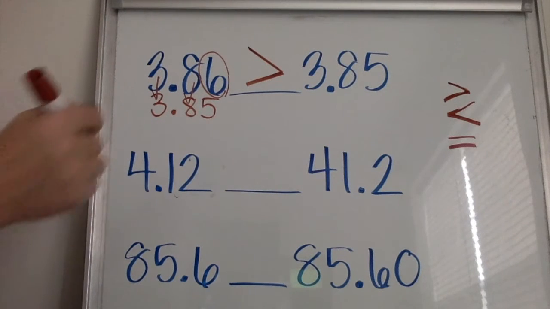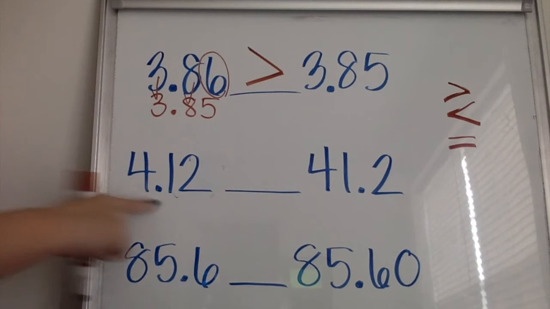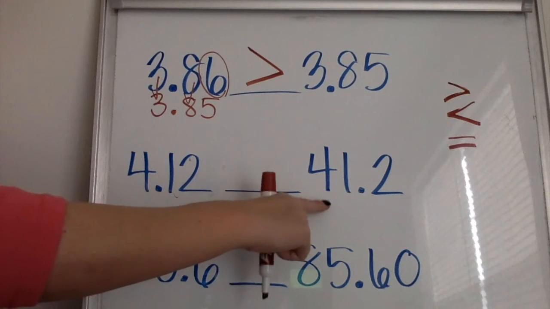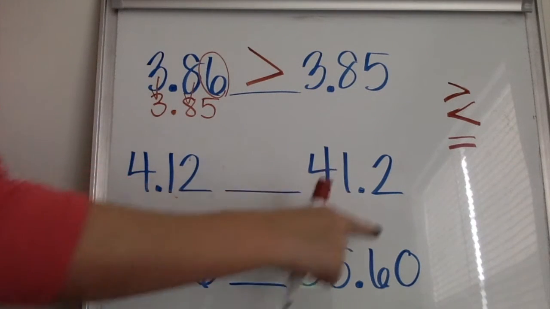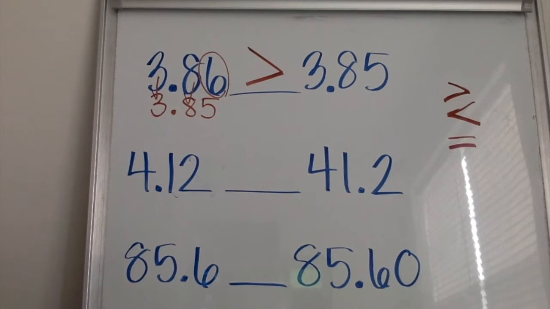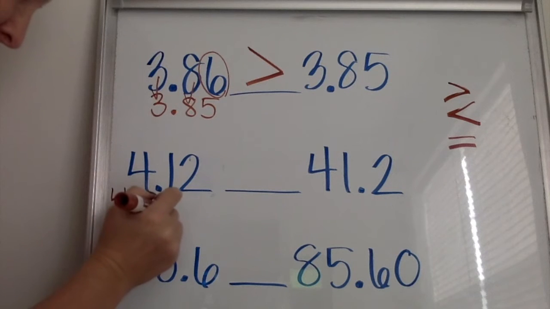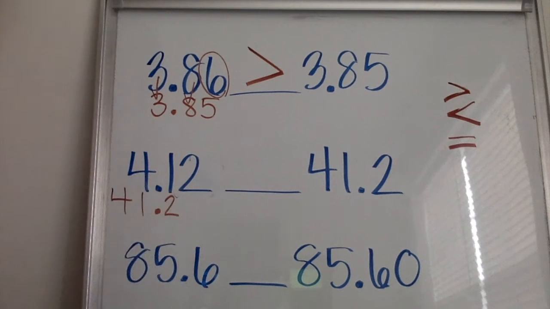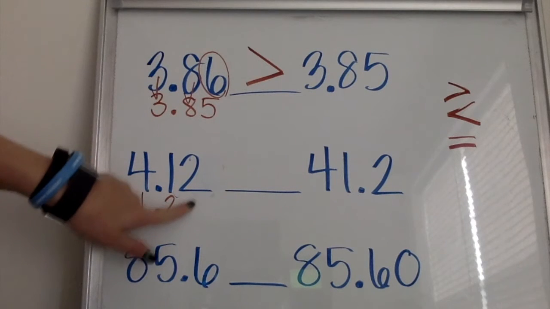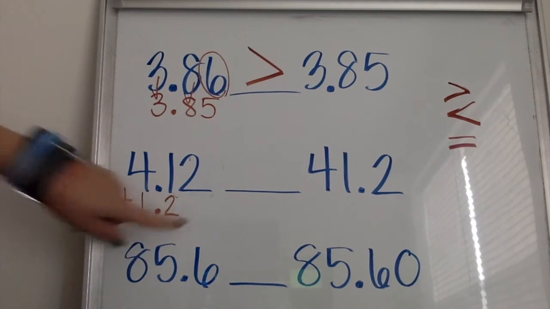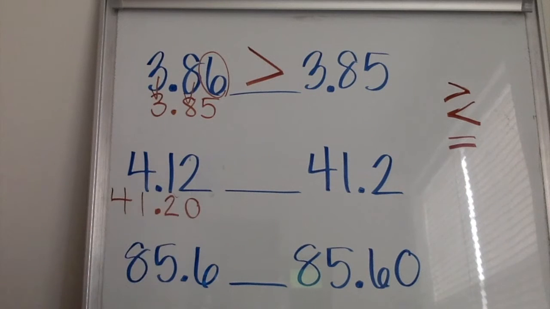So then the next problem that I have is 4 and 12 hundredths compared to 41 and 2 tenths. So again, I'm going to write this number, and I've got 41 and 2 tenths. And I notice it doesn't line up exactly the same because I have a blank over here in the hundredths place. I can easily put a 0 right there to compare those two numbers. All right? So the first thing that I want to look at is going all the way to the left-hand side where the 4 is.